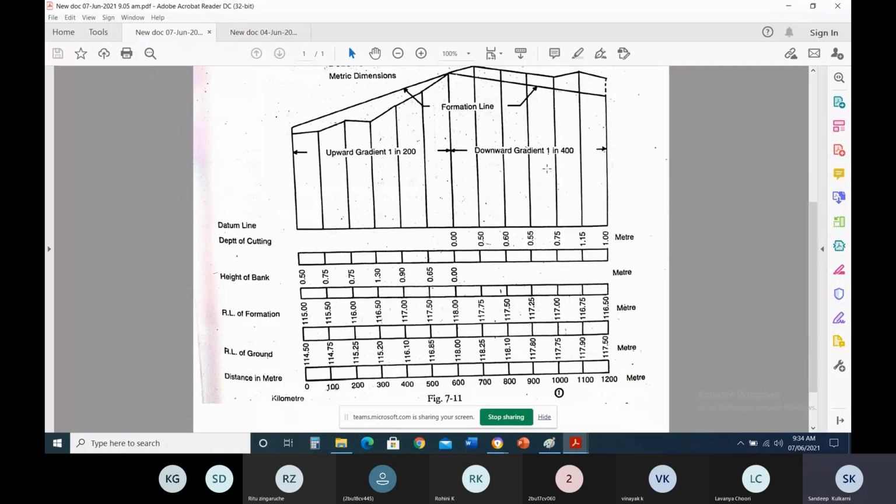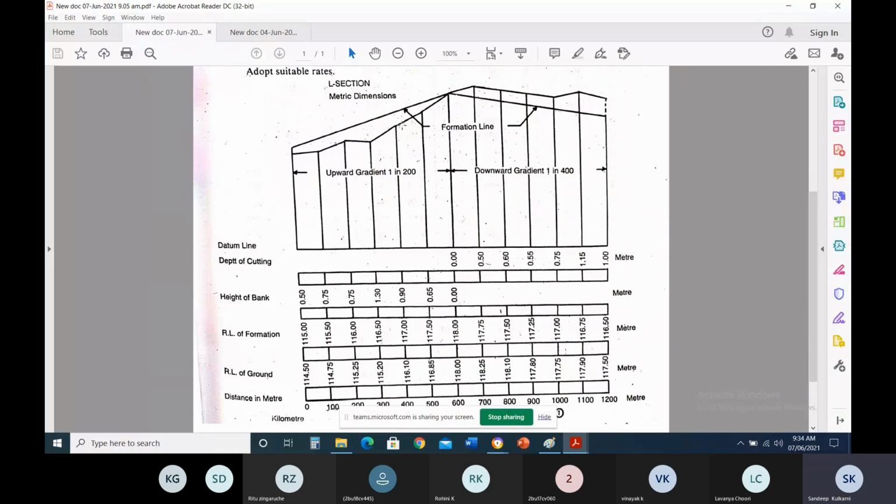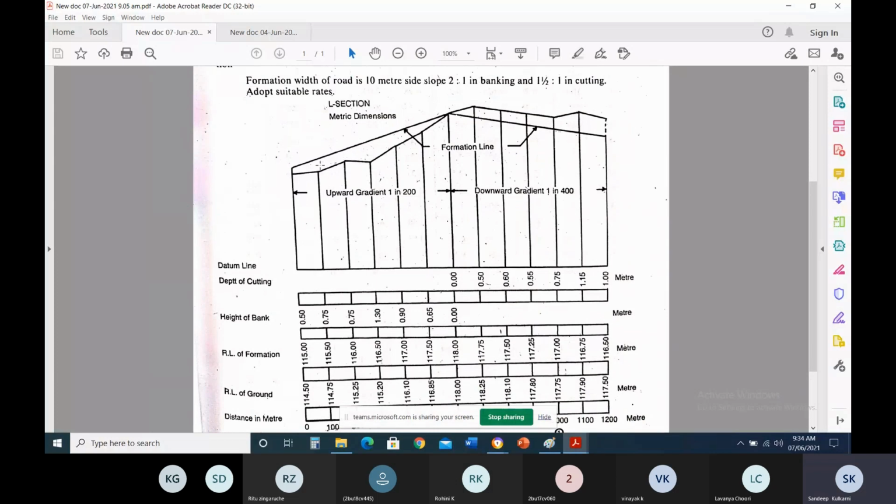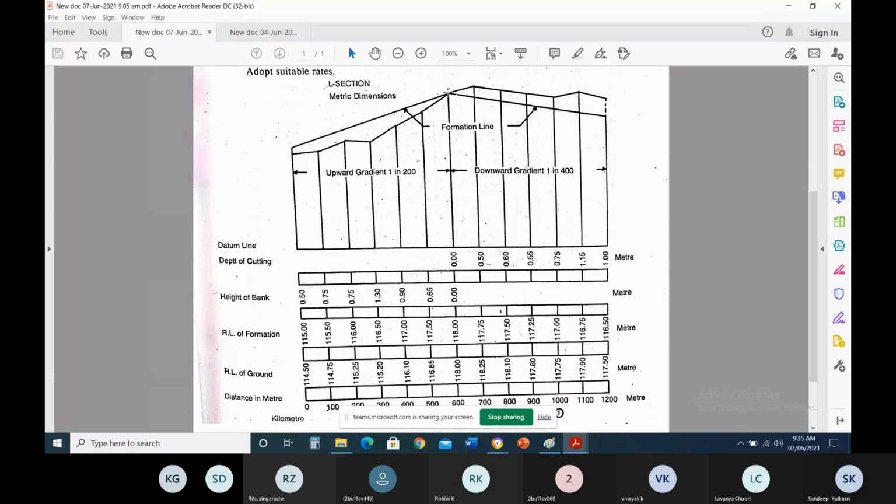If you look in this diagram, at chainage 600 exactly, the ground is stable, that is, cutting equals filling here. So this portion is the banking portion and this portion is the cutting portion.